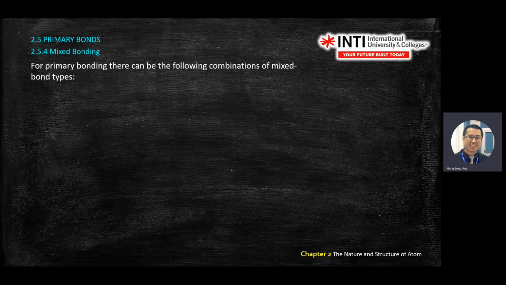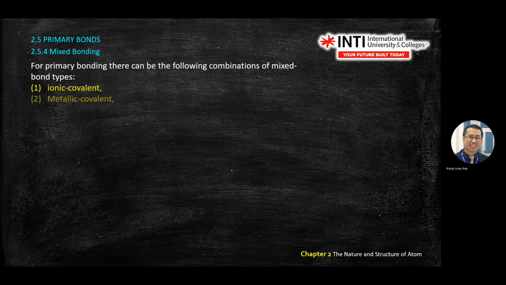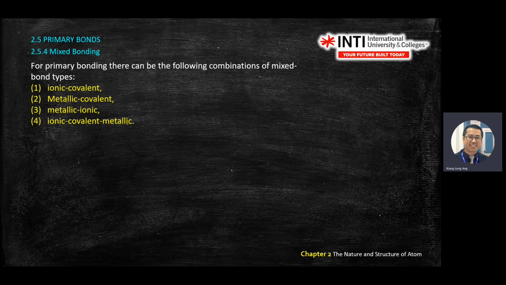What else? Okay. Another category compared to ionic bonding, metallic bonding, covalent bonding. There's one more category called mixed bonding. So you have categories of mixed bonding: ionic plus covalent, metallic covalent, metallic ionic, ionic covalent metallic.